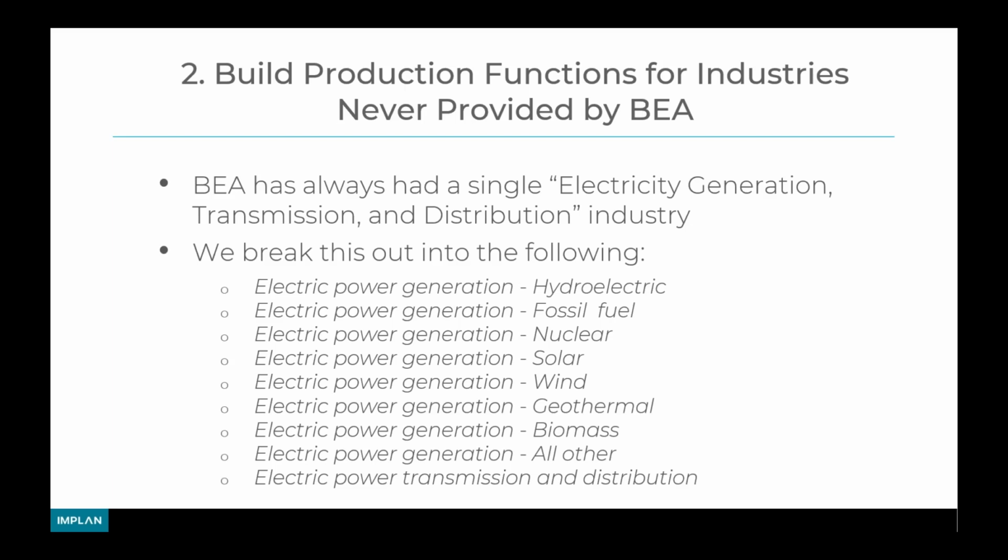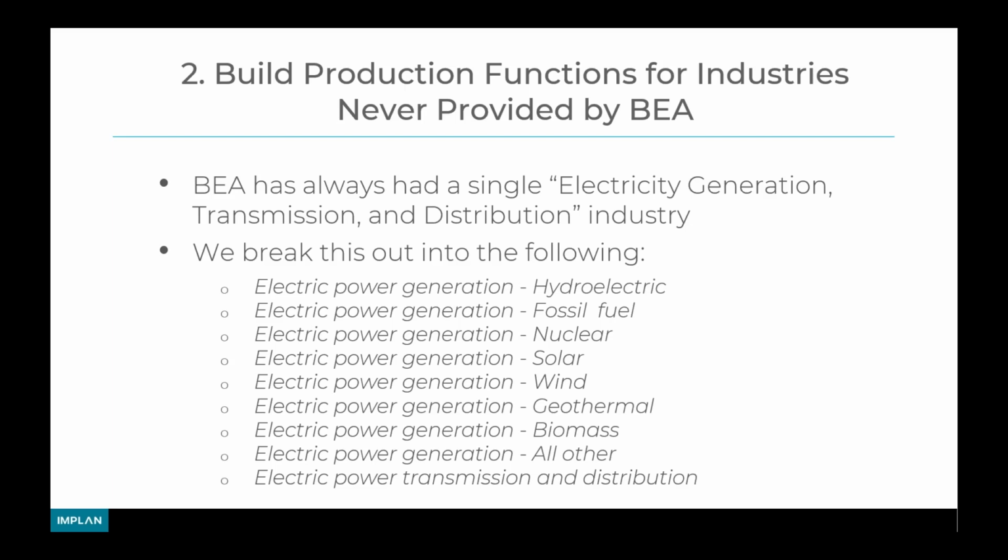For all benchmarks that IMPLAN has used, including this new 2017 benchmark, the BEA has only ever provided a single industry for electricity generation, transmission, and distribution. This singular industry doesn't completely satisfy the needs of our users, as both they and we recognize that the various types of electricity production make up a core part of the United States economy.